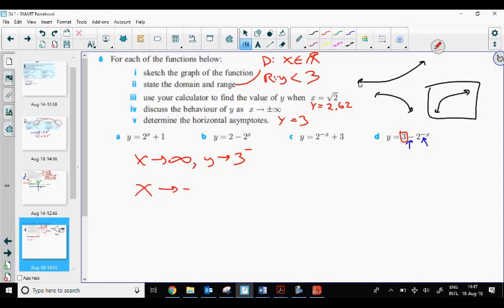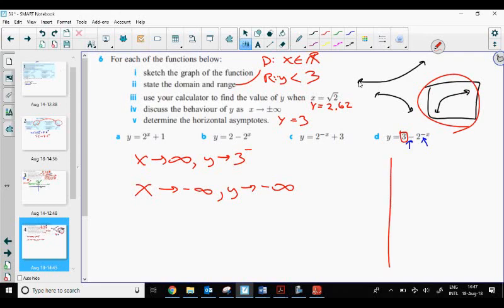And as x goes to negative infinity, then I'm going to have 3 minus 2 to the power of infinity. That's a super, super, super big number. 3 is not even going to register on this. We're just going to have y going towards negative infinity as well. And that end behavior certainly matches the picture that I predicted earlier.